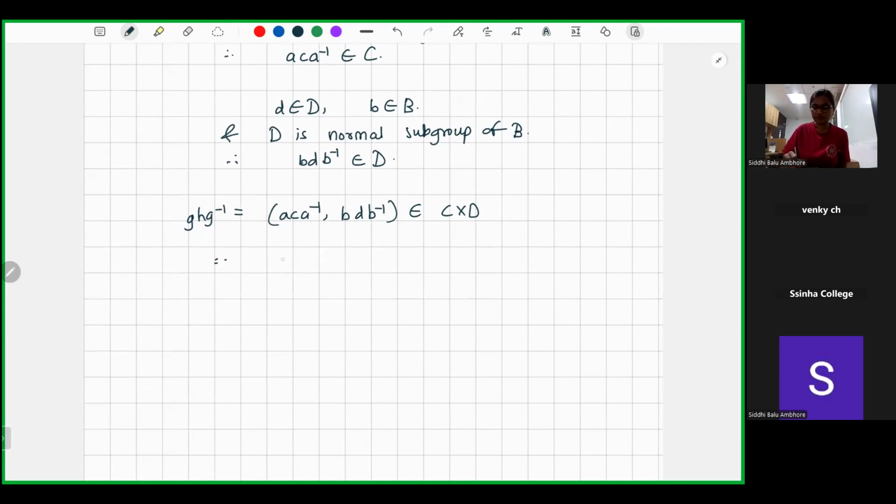Therefore, C cross D is a normal subgroup of A cross B. Any doubts here?